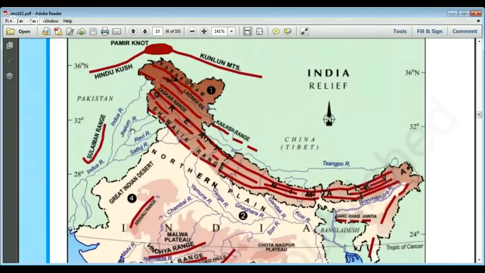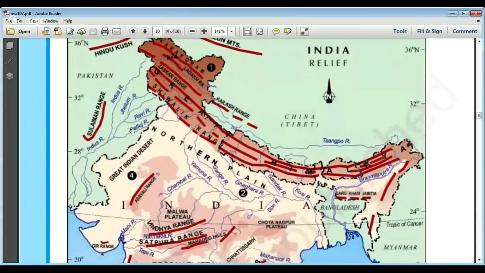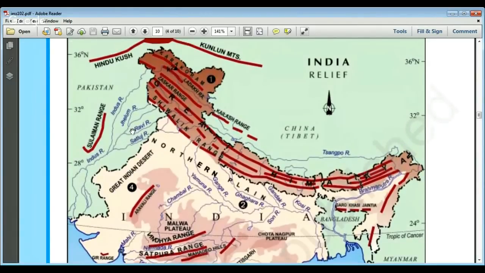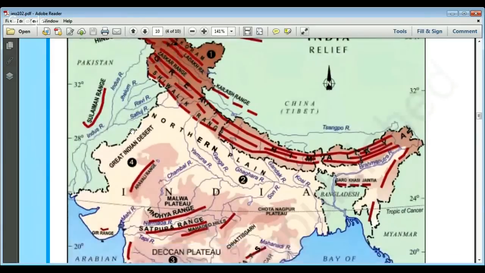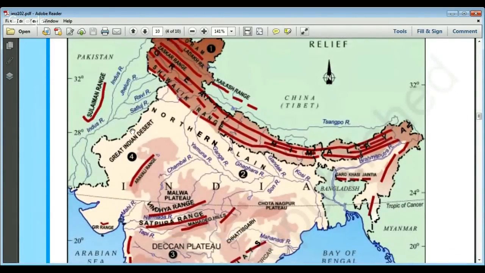It means that I is the Indus, the northernmost, then J means the Jhelum, which is south of the Indus, and then C means Chenab. Then R means Ravi, then B means Beas, and then S means Satluj. This way you can remember the tributaries of the Indus, and then you can also remember the tributaries of the Ganga from east to west or from west to east.